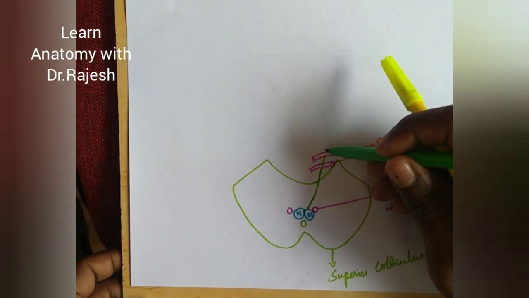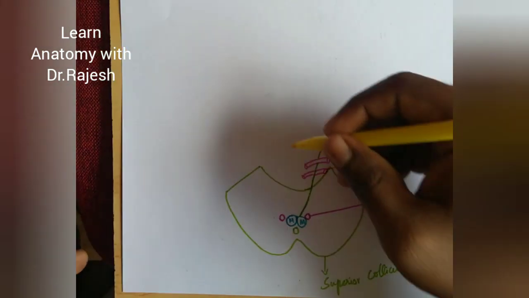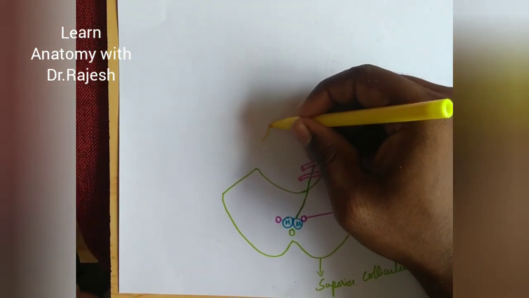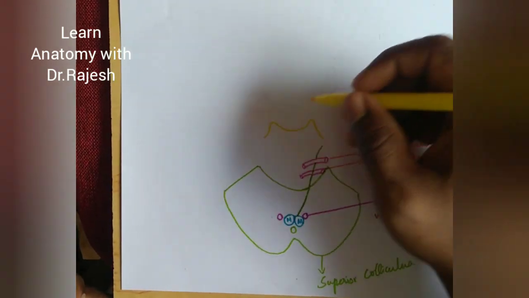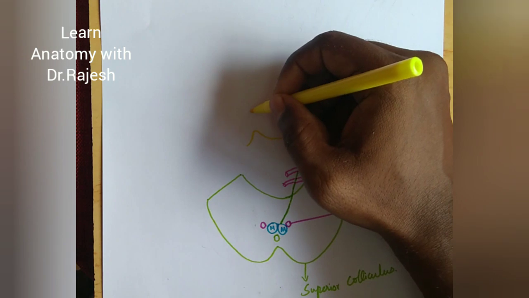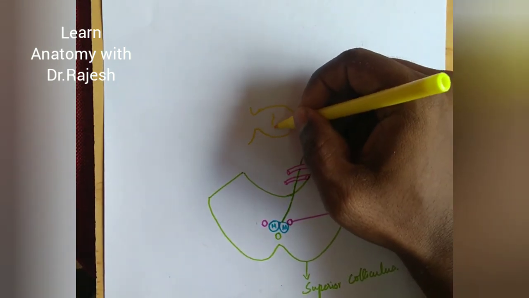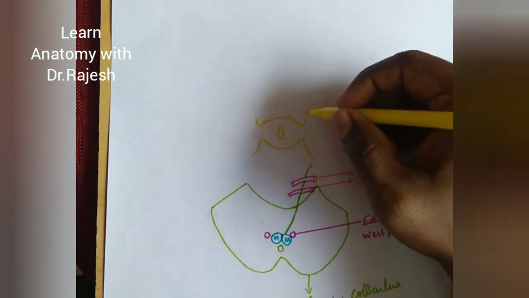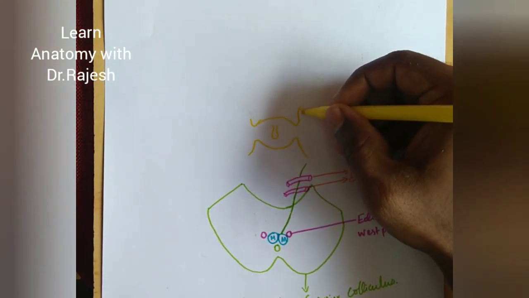Now the nerve passes further laterally. Here we have to draw some bones to describe the course. This is the posterior clinoid process, and this is the anterior clinoid process. Between them we have the sella turcica, and lateral to the anterior clinoid process we have the optic canal.